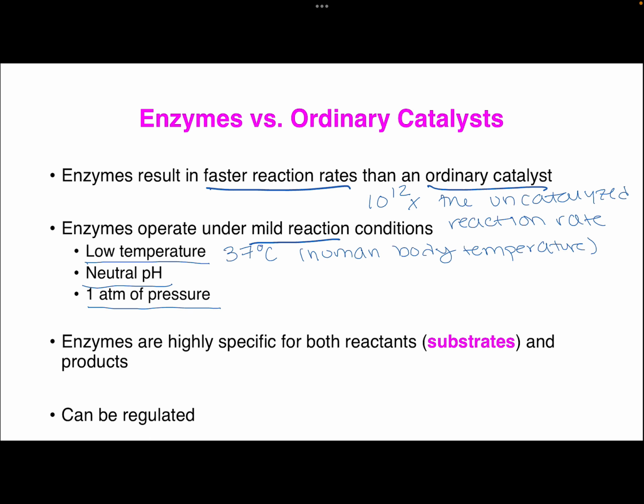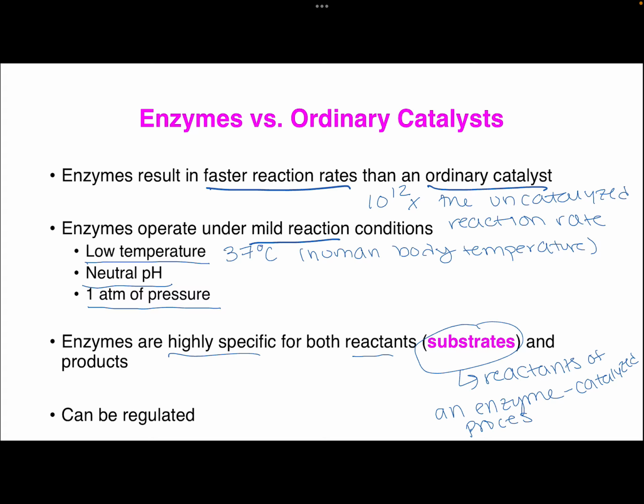And in addition to that, they're highly specific for both the reactants, which we're going to be calling substrates. Substrates refers to the reactants of an enzyme catalyzed process. So they're highly specific for their substrates. They're also highly specific for their products.